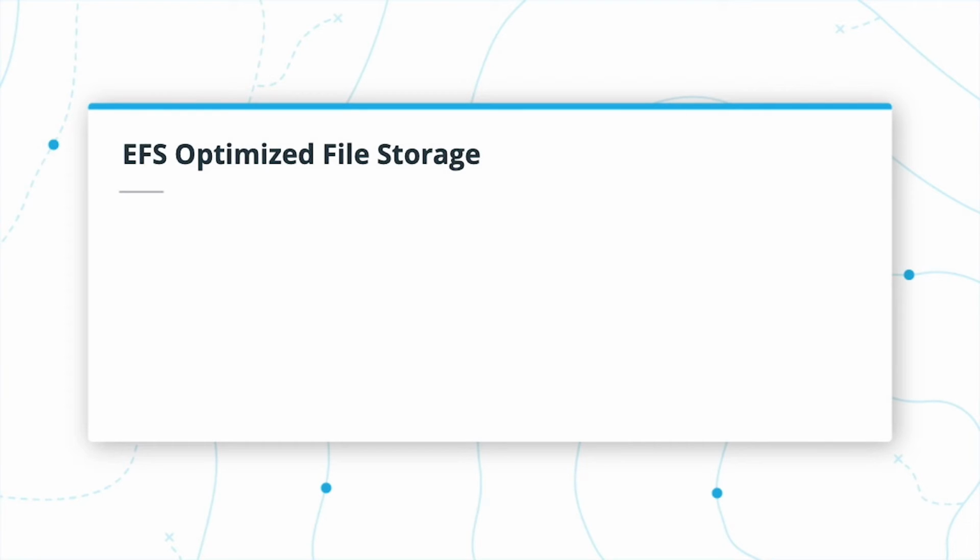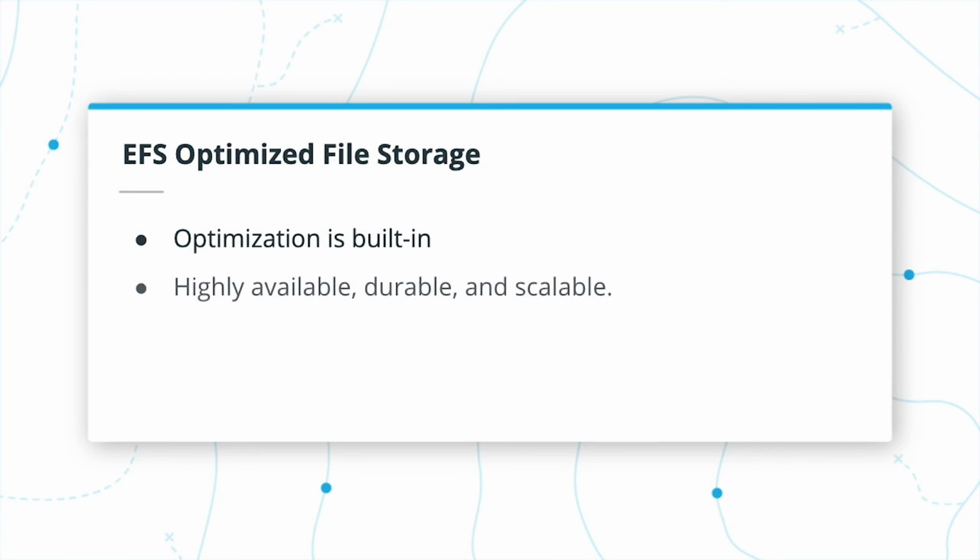EFS volume performance optimization is built into the service because it's already distributed, making it highly available, durable, and scalable. Amazon EFS can be mounted on up to thousands of Amazon EC2 instances concurrently. If you can parallelize your application across more instances, you can drive higher throughput levels on your file system across those instances.